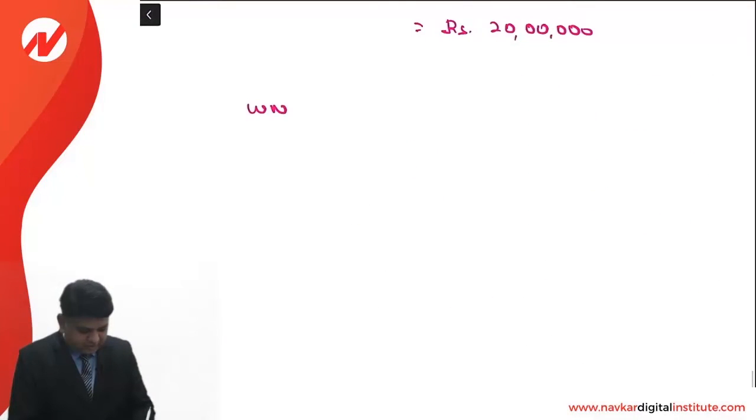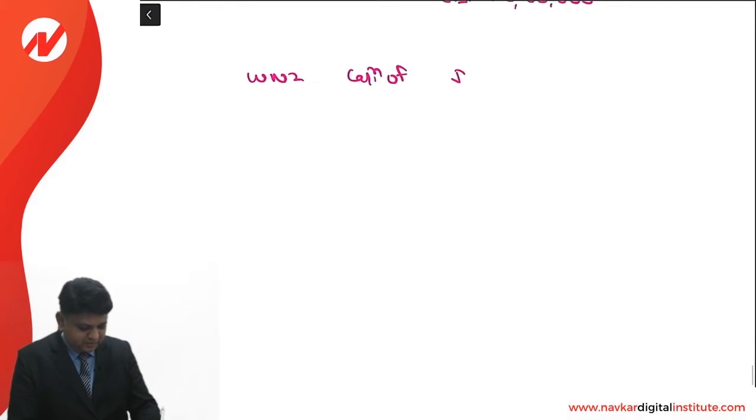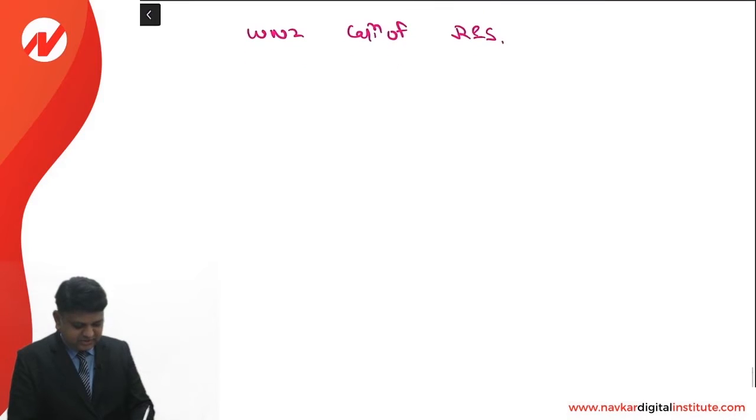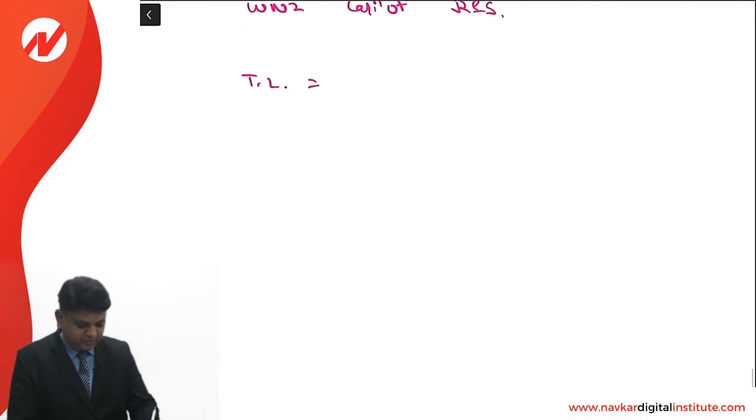So working note number 2. Calculation of the reserves and surplus. Total of the liability side is equal to equity share capital plus reserves and surplus plus total debt.